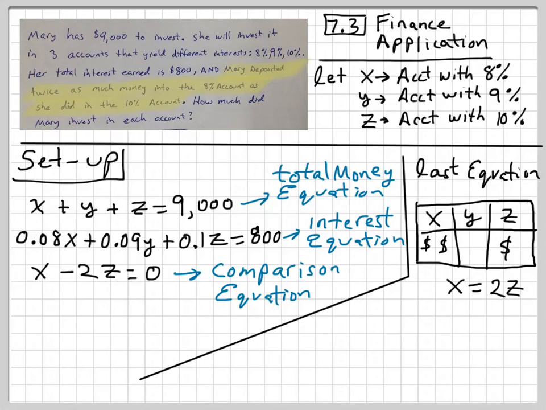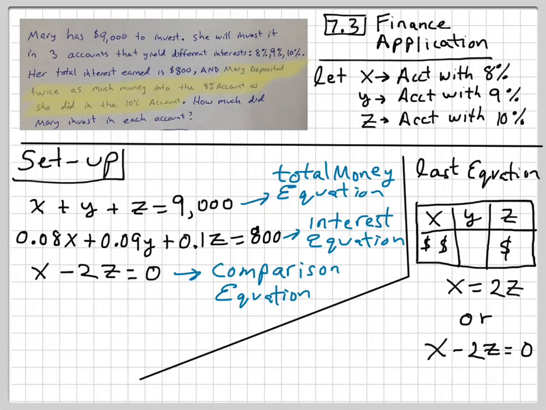So our equation should be X is equal to 2Z, because it's going to take twice the amount of Z, which is smaller, to be equal to the amount that's going to go into X. Now, when we do the setup, the system of equations of 3 variables, we're writing the variables all on one side and the numbers on the other side.